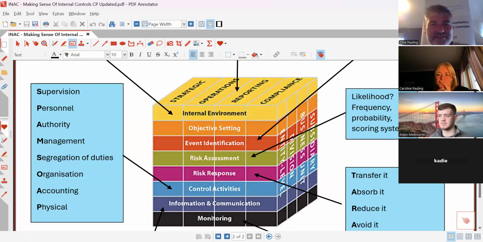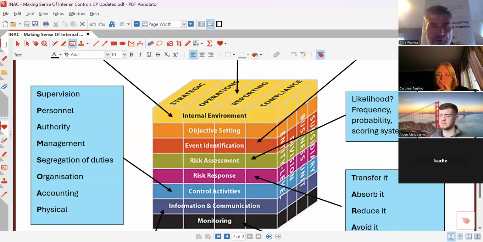I do think it's a very useful thing to help pull together the strands of a syllabus like INAC at the end of the day, to try and paint the picture of what it is we are trying to achieve. And as I say, you can have this model in mind when you're looking at an individual process within finance, accounts receivable, accounts payable, even the payroll system.